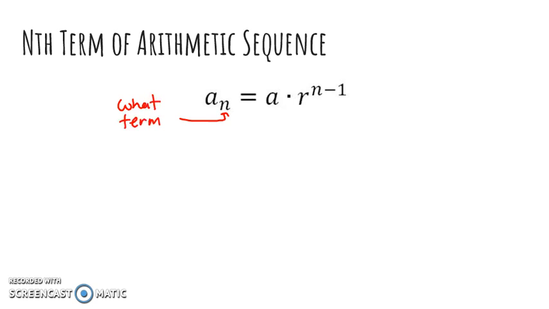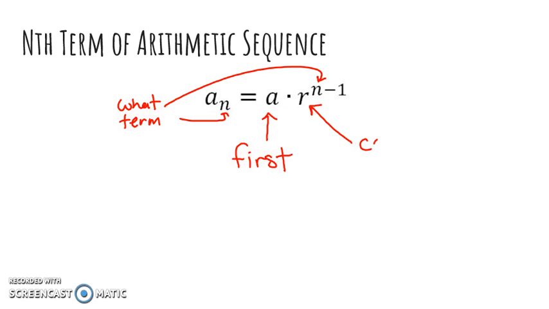If they ask for the 10th term, your n value is 10. Your A value, I'm going to just draw another arrow to this one. They're both the same. My A value is, again, my first term. Whatever the first term in the sequence they give you is, that's your A value. Last, my R is my common ratio.